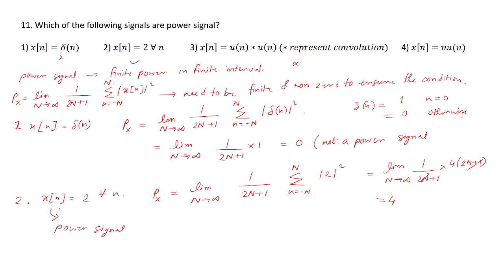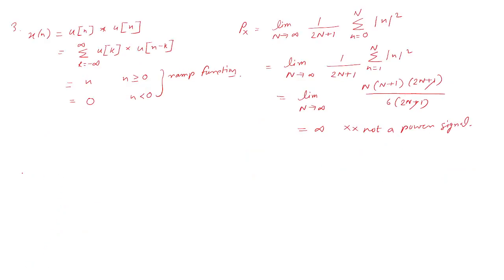The fourth option we will check next. The fourth option is x[n] equal to n u[n], which is basically the same as the previous: n for n greater than or equal to 0 and 0 otherwise, a ramp function.